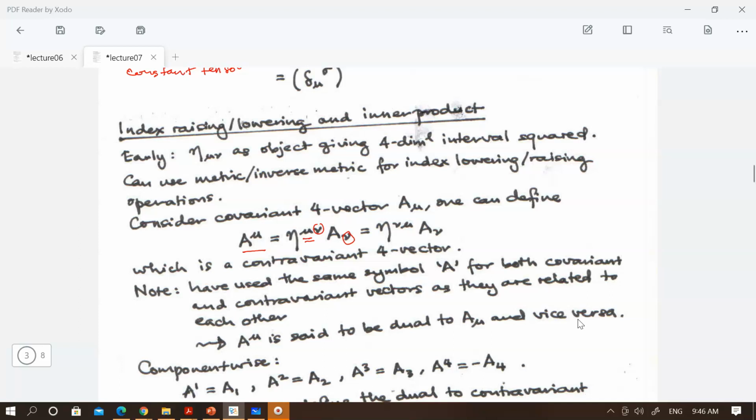Essentially, one could use a different symbol here, maybe I write this as B^mu instead, but we want to use the same symbol because they are related to each other, so that you can say that this A_mu is dual to this A^mu here.